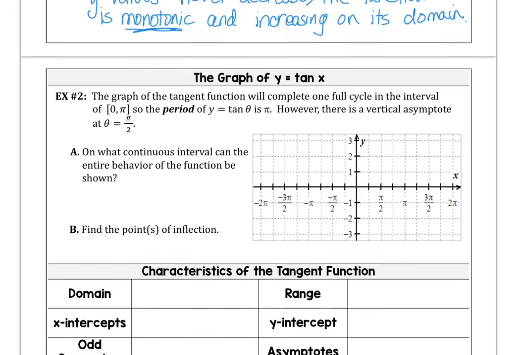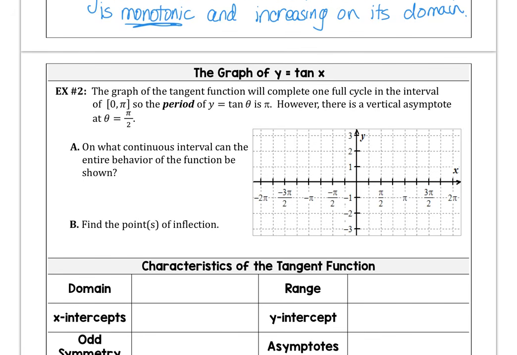Example 2, we want to graph the tangent function, and on what continuous interval can the entire behavior of the function be shown. Well, if we have an asymptote at pi over 2, then every pi radians we have another complete cycle.